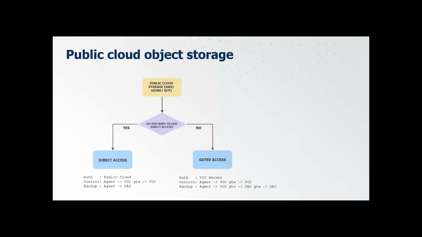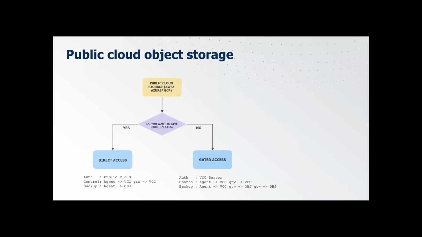And if you look at the backup traffic, which is the backup listed here, it goes from the agent to the Cloud Connect gateway, to the object storage gateway, to the object storage. If we want to do direct access, the two main differences are that the authorization is done by the public cloud directly. And we will see later how this happens.